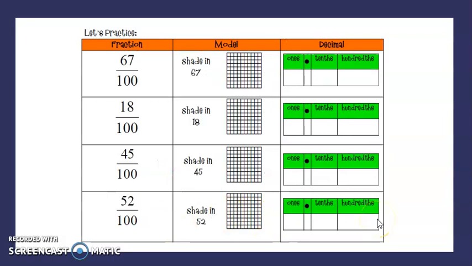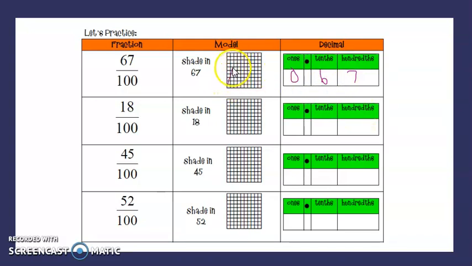All right, so what I want you to do now is pause the video and write the fraction as a decimal and use the place value chart to help you. Okay, you have 1, 2, 3, 4. I'll do the first one for you. So on this one we have no wholes and we have 67 hundredths. Why is there 6/10?